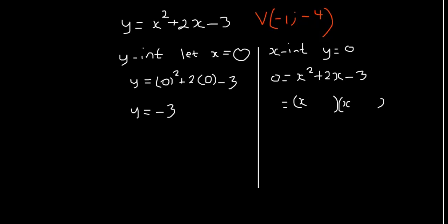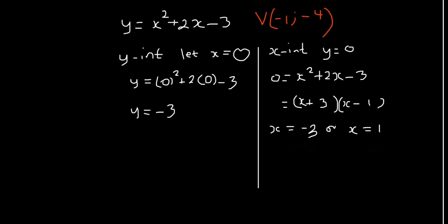Our values will be x plus 3 and x minus 1. Which means we've got x equals negative 3 or x equals positive 1. Those are the x-intercepts and y-intercept. We got negative 3 as our y-intercept, negative 3 as an x-intercept, and also positive 1 as an x-intercept.